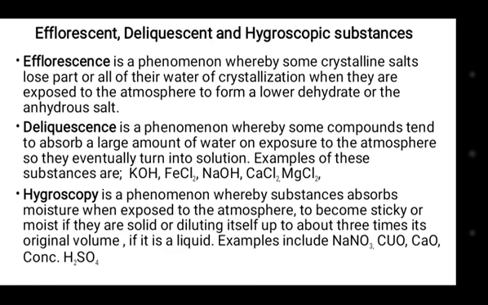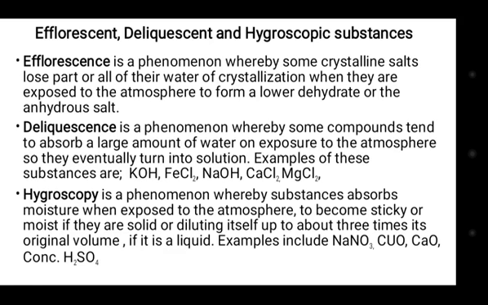crystallization. Now, some salts have water in their crystalline structure. That is, crystalline salts have water inside their lattice. So when they are exposed to the atmosphere, there is a tendency for them to lose part or all of their water of crystallization.